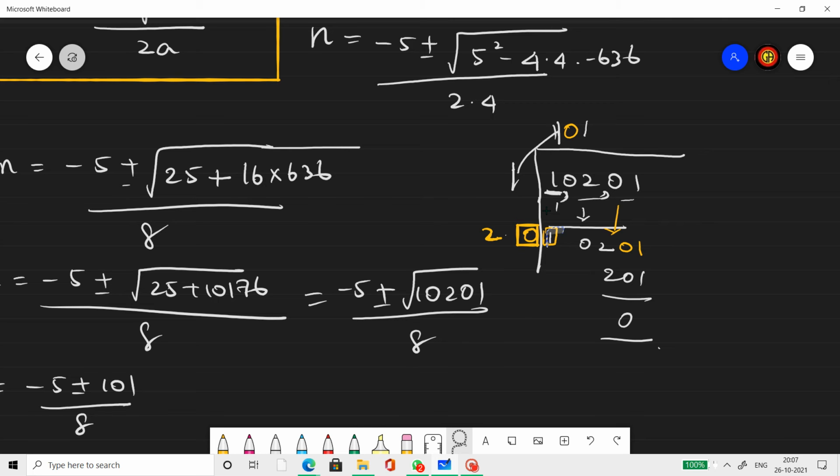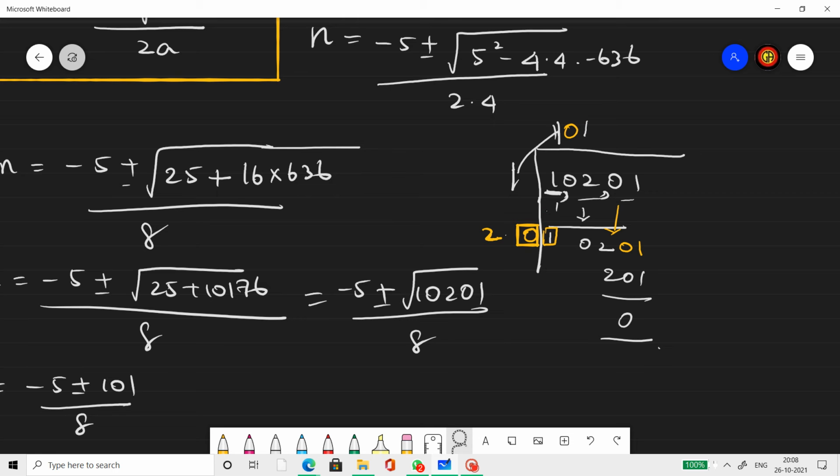Then drop another box. I didn't have space, so it went into the division area. Usually it should come here. Now, the number that I can take here, so see, it's 20 already, now I took 1. If I put 1 here, I'll put 1 over here. If I put 2, I'll put 2 over here.